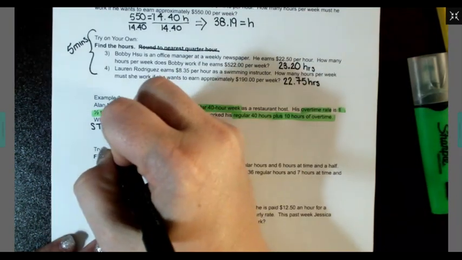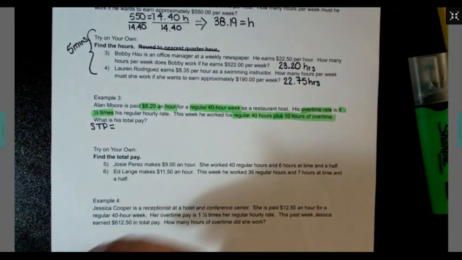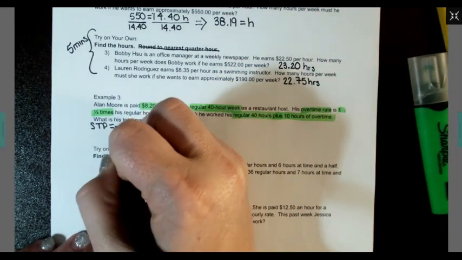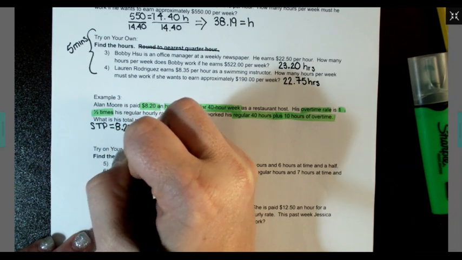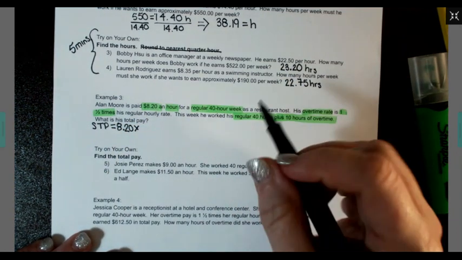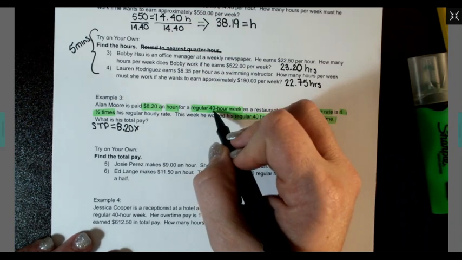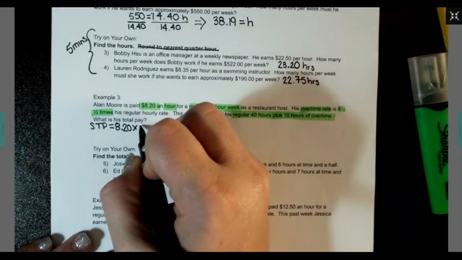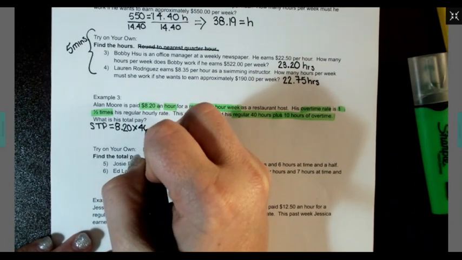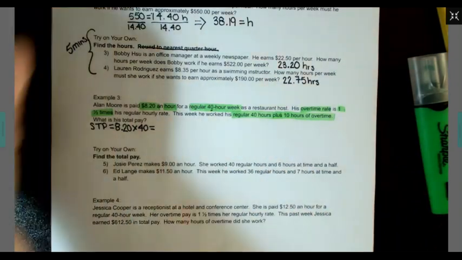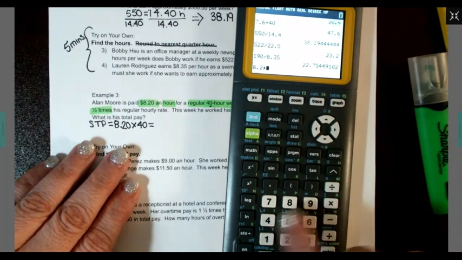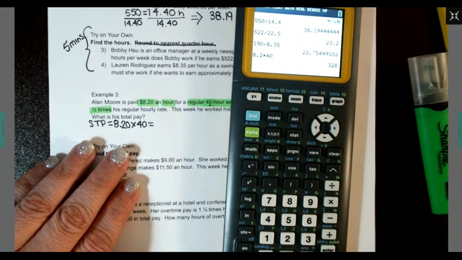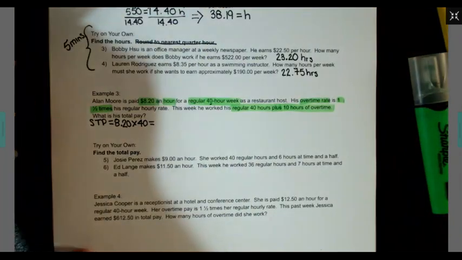STP equals our hourly rate, which is $8.20, times the regular number of hours of work, which is 40. So my straight time pay is $8.20 times 40. I'm getting $328 for straight time pay.